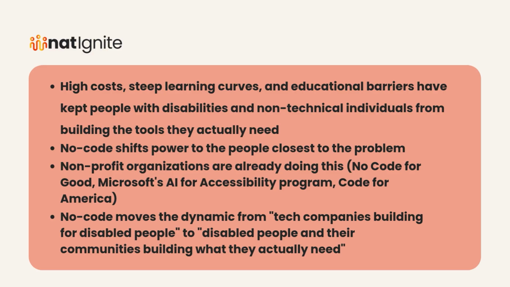So they have a lot of open source resources that make web accessibility knowledge approachable. So that might be a really good tool for you guys to look into when building your products. So this really shifts the dynamic to not just technical people building for others, but people building tools that they themselves need, which is really great.